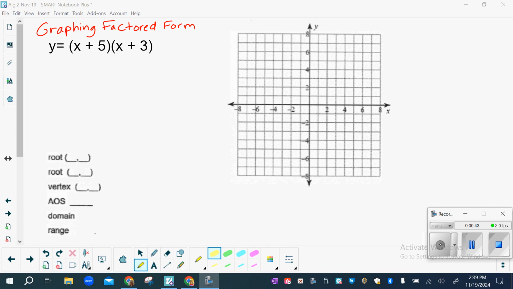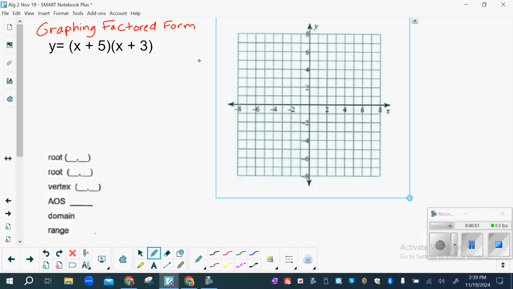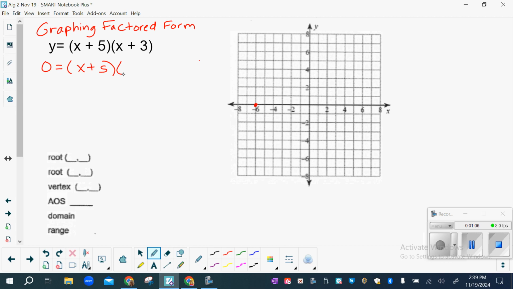Any point on this axis, for example this point here, has a y value of what? 0, that's right. So we're going to set our y value equal to 0, and we're going to solve it.